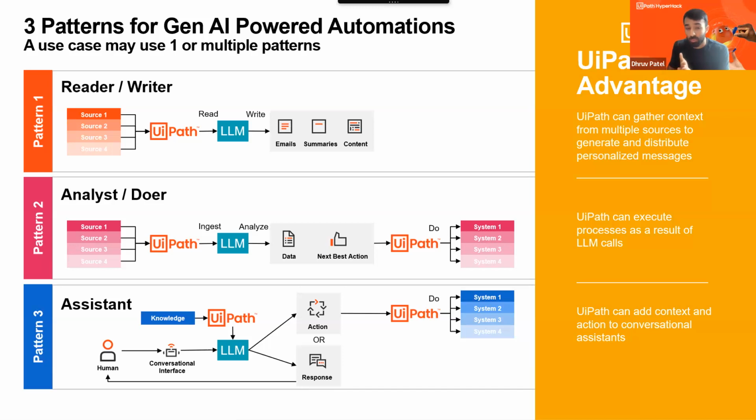It could be a next best action, so something specific that you want to execute, some sort of decision that's being made. And then based on that output, have UiPath go and actually do something, executing on that information that the LLM or the generative AI has synthesized or created. So really going that next step further and focusing on analyzing data and acting on it.